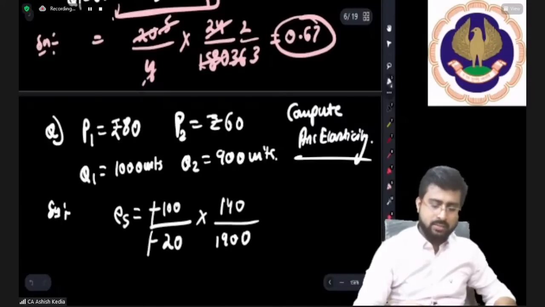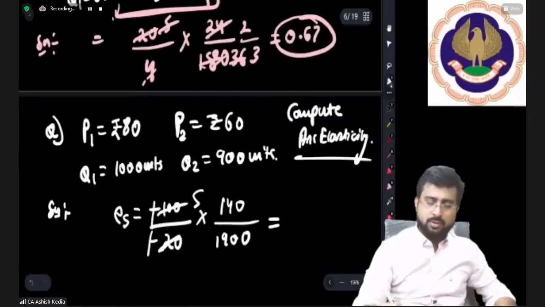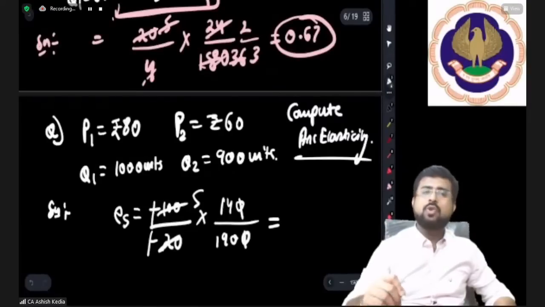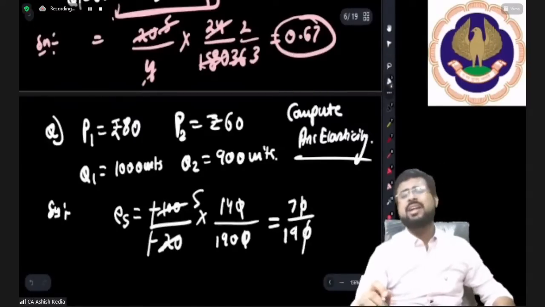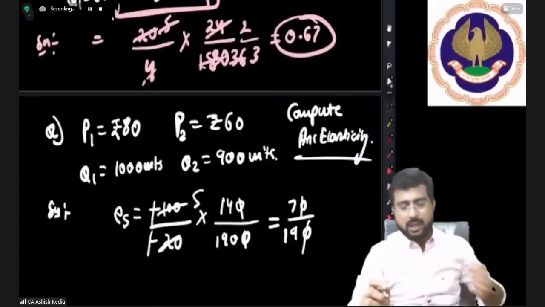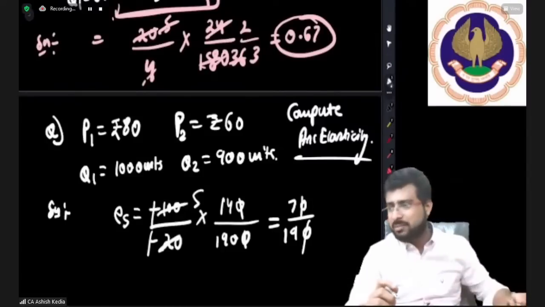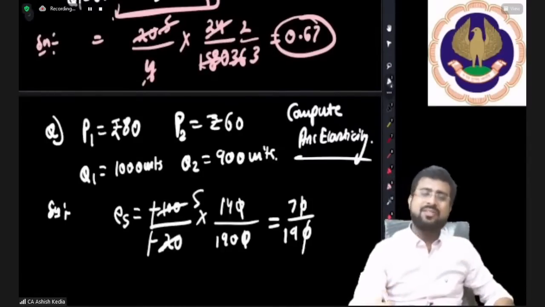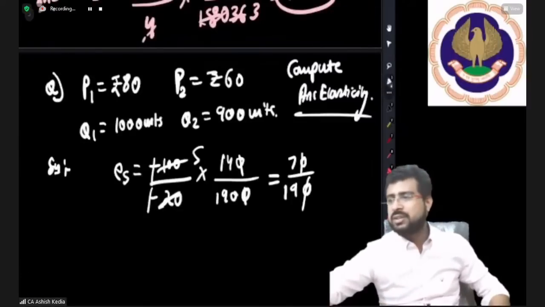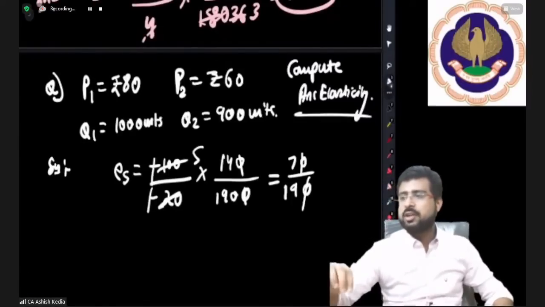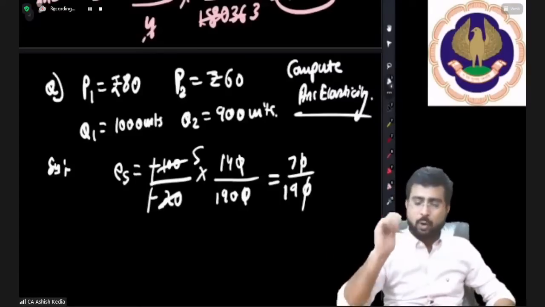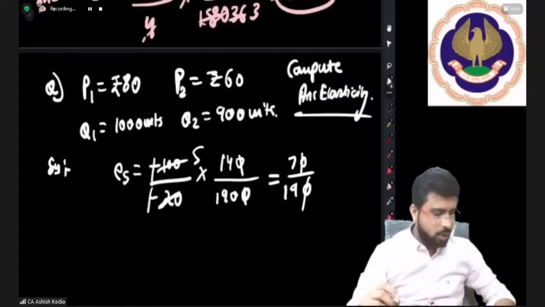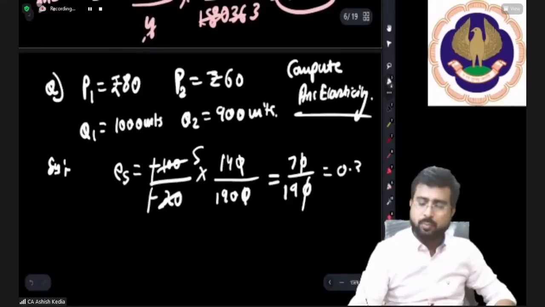Minus minus gone, 00 gone, 5 14s are 70, by 190. So the answer is going to be 7 by 19, which you can convert into decimal terms. It's coming to approximately 0.37.